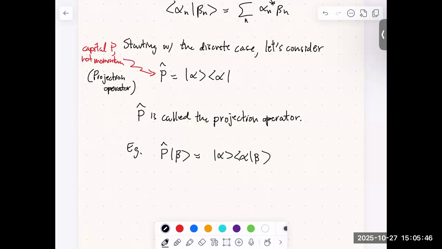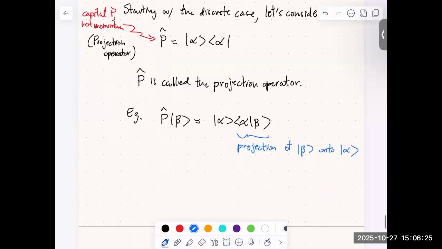Okay, but the way we interpret these inner products, this is the projection of beta onto alpha. It's like I took a two-dimensional vector, which has an x component and a y component, and then I take a dot product with i hat. That's going to select just the x component. So this selects the component of beta that's aligned with alpha.